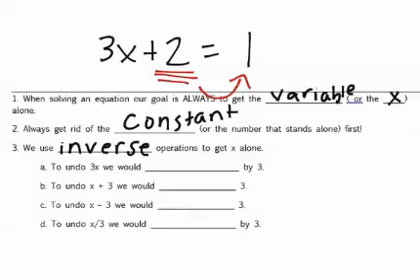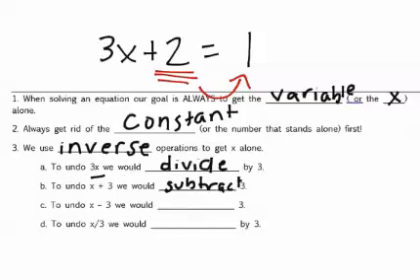And I know you've heard this a bunch, so let's just review real quick. A says to undo 3x, we would blank by 3. Well, 3 and x are multiplying, so we will have to divide by 3 to get x alone. For B, how do we get x alone when it's x plus 3? Well, x and 3 are adding, so we would subtract 3.